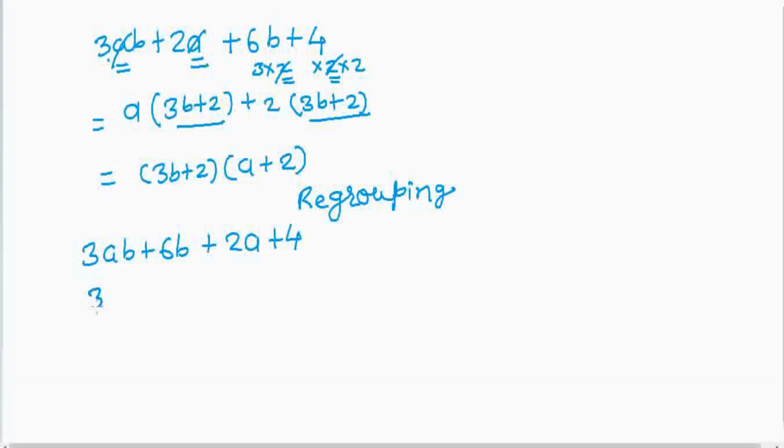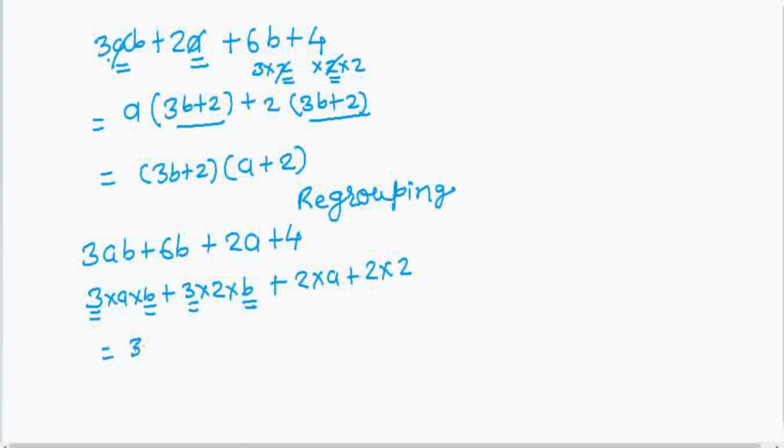So that means we have 3 into a into b plus 3 into 2 into b plus 2 into a plus 2 into 2, and you can see that here we can take 3 common, and also b common.